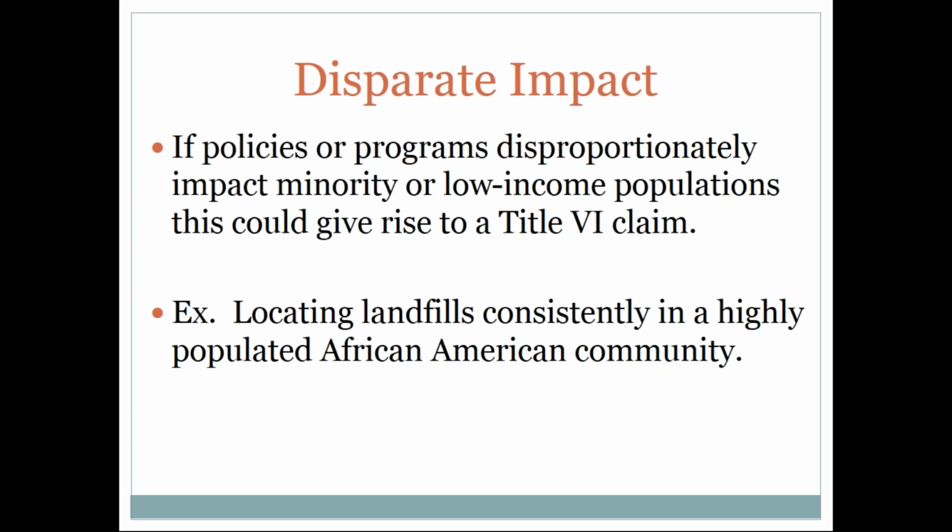So just like we want to make sure that we're not giving more benefits to non-minority individuals or more benefits to higher income areas, we also want to make sure that we are not negatively impacting lower income or minority areas. So the example for this is, if a local government was locating most of their landfills in a highly populated African American community, this is a disparate negative impact. And this is a Title VI violation.